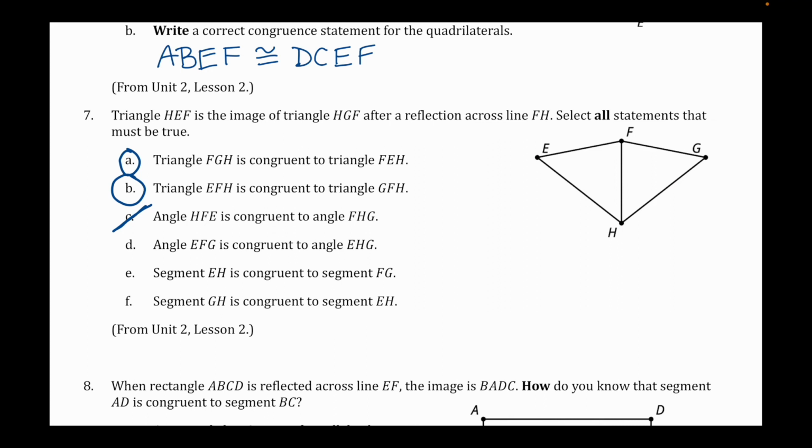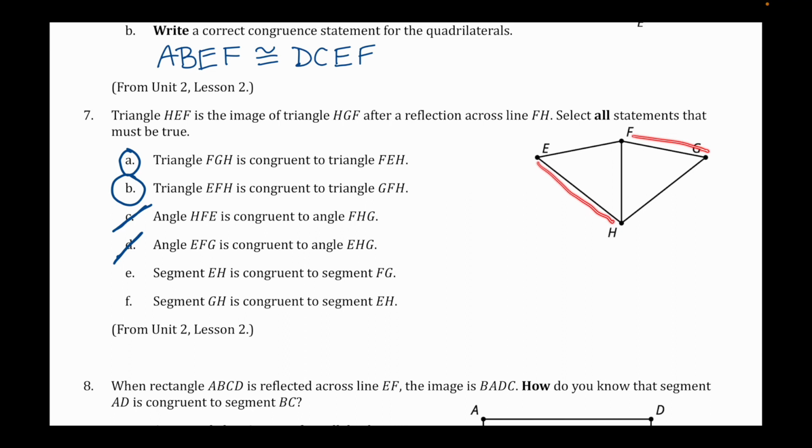Not necessarily true, even though EFG is going to be bisected the same as EHG would. They're not necessarily congruent because it's a reflection across, and there was no guarantee that those pieces were congruent. So also not true. Now they're saying segment EH is congruent to segment FG.